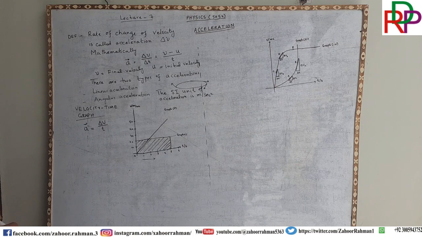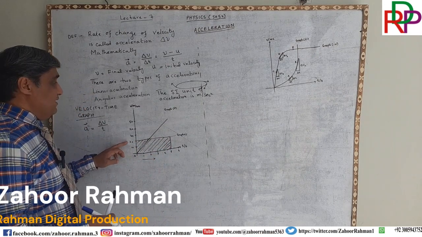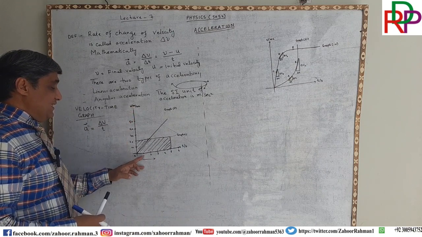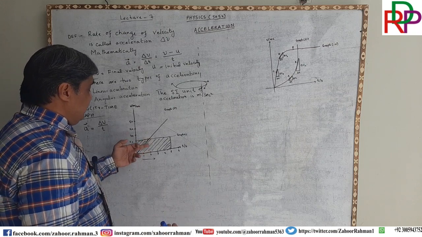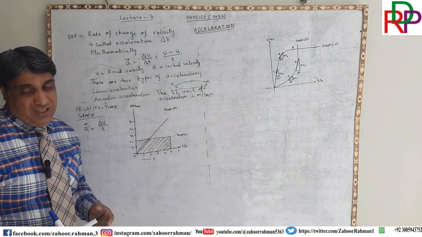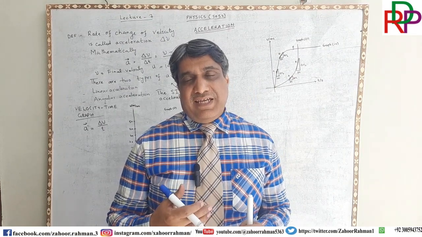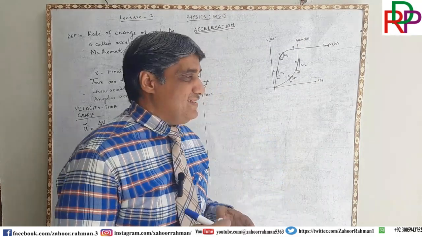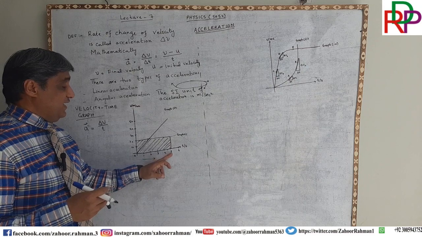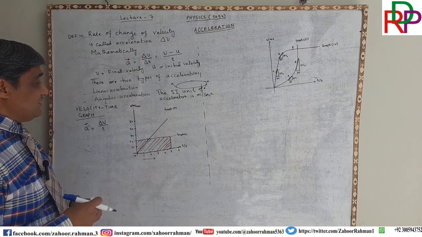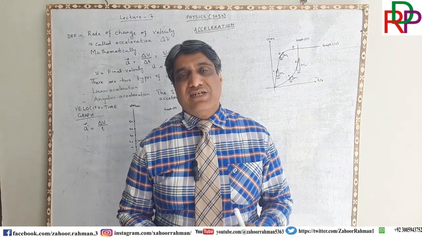Here the change is not there. It is always 20 meter per second, as the time increases from 1 second to 5 seconds. It means that the object is moving with constant velocity.